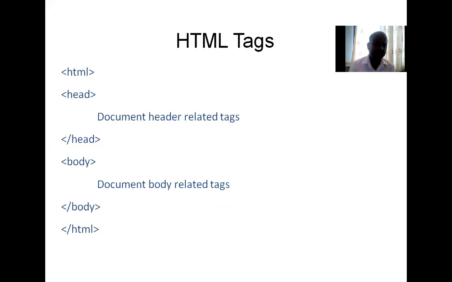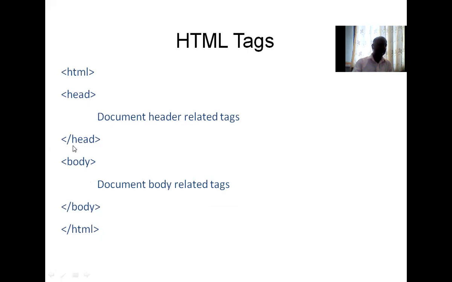So see, this is one of the best examples of HTML tags. Coding starts with HTML and ends with HTML. Between these there is head and body. The head contains document header related tags.